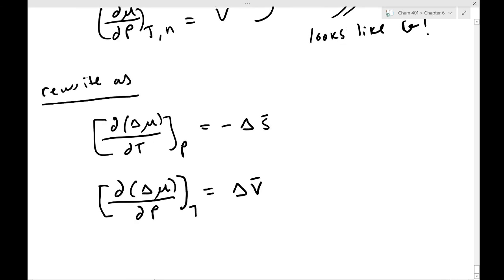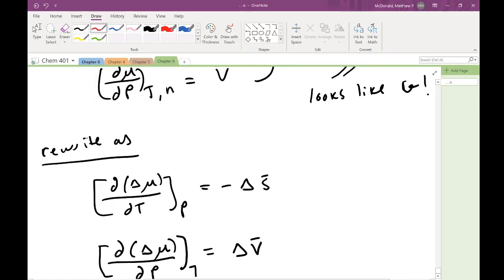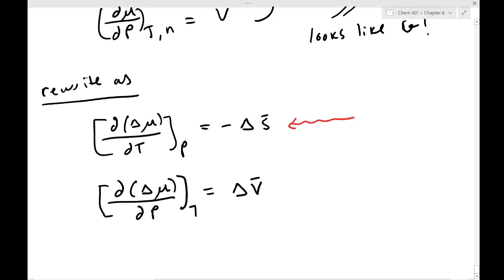Amazingly enough, this one here, let's make this red, has to do with entropy, and entropy is all about spontaneity, correct? Actually, it was our first definition for spontaneity within a chemical process. So you can see that as temperature is increasing, this dT goes up, and we see a corresponding negative change in entropy term.